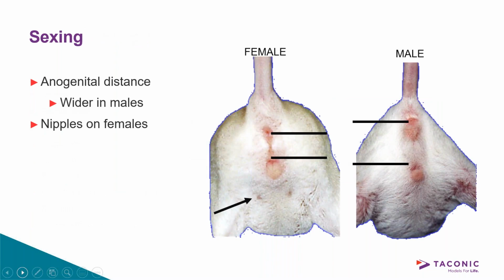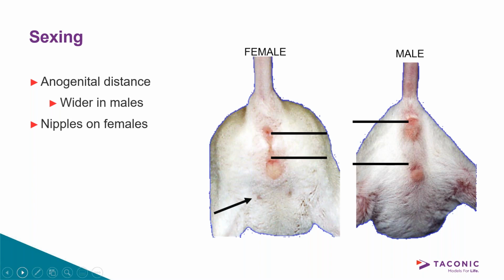So for sexing, like most rodents, we're going to be using anogenital distance. The distance, as you can see here with the black bars, is going to be much shorter in a female than it is in the male, because you're going to have room for the scrotum in between. Many rodents have what we call open inguinal canals. The inguinal canal is where the testes descend from the abdomen into the scrotum, and it stays open.